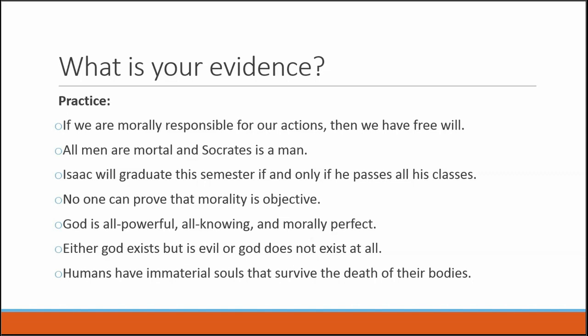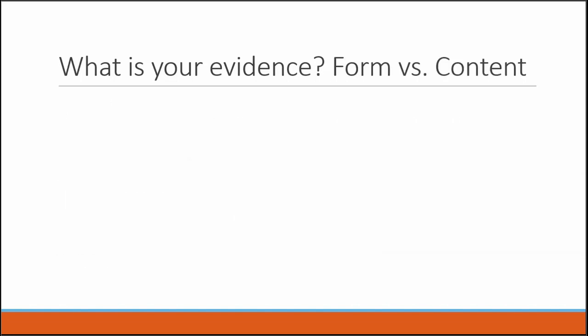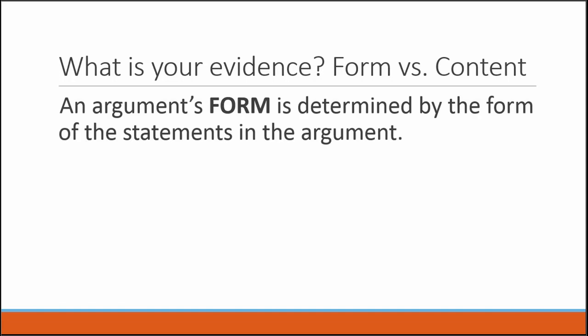And let's move back then to our distinction between form and content. We left off by talking about different statements and how different statements have different forms depending on the logical connector that's used, and that all simple statements have the same form. So, an argument's form is determined by the form of the statements in the argument.